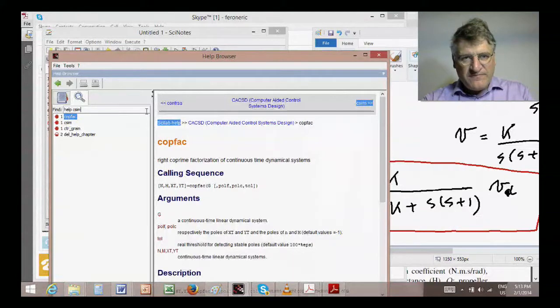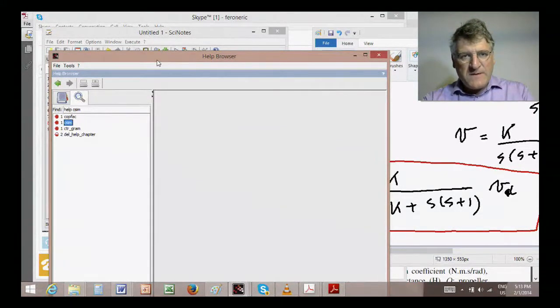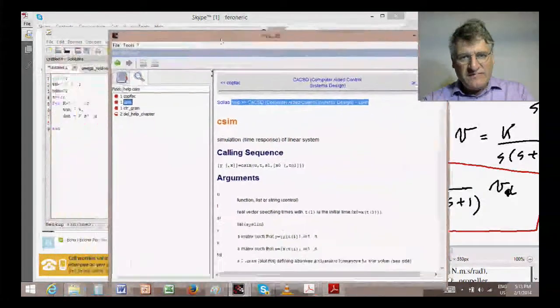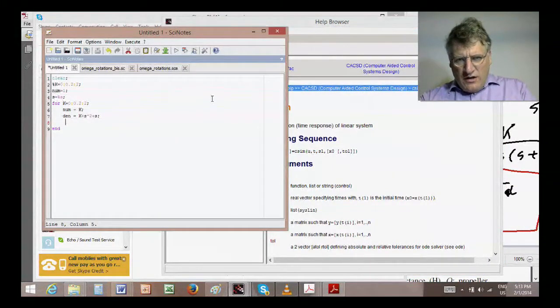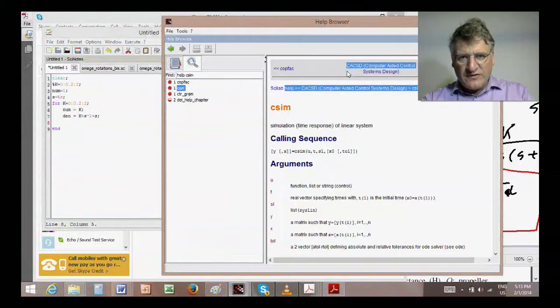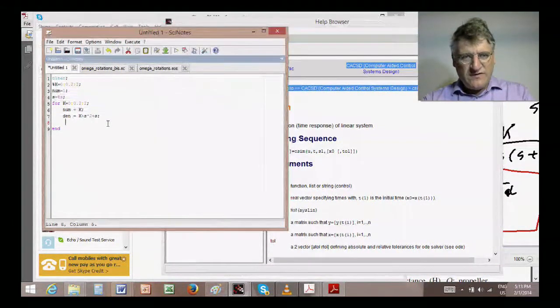Now this function is the one that we have already seen and allows us to simulate, for example, the step response of the system.